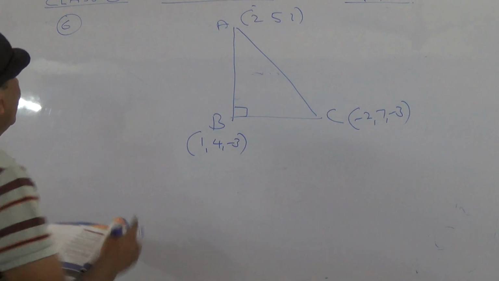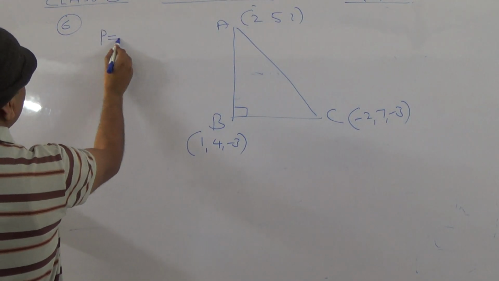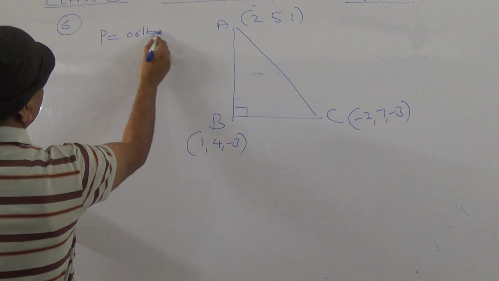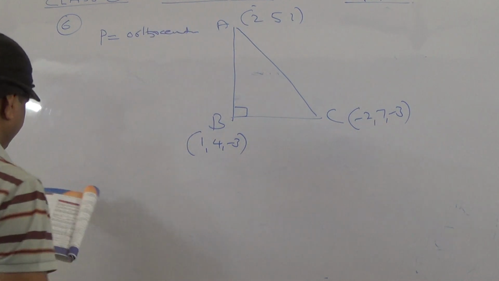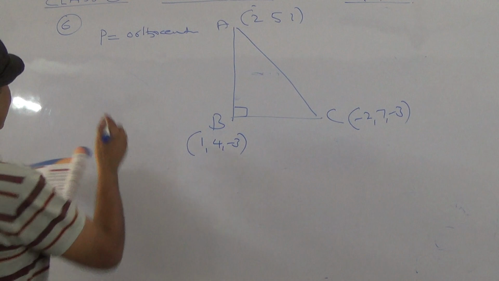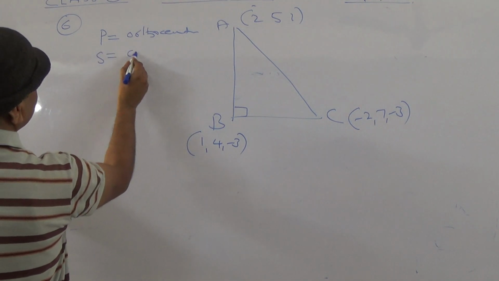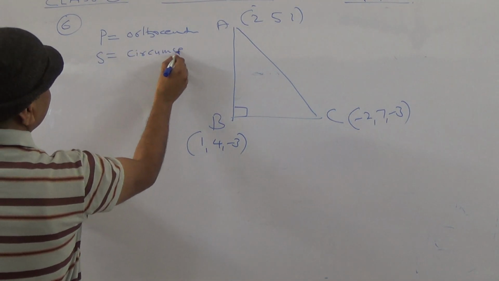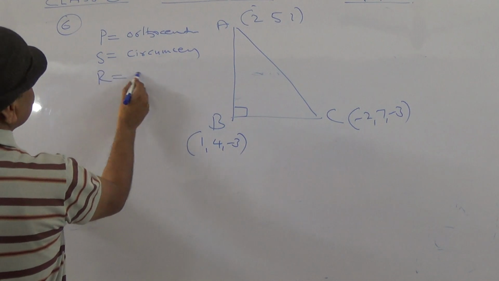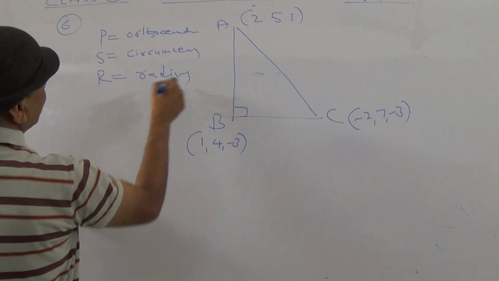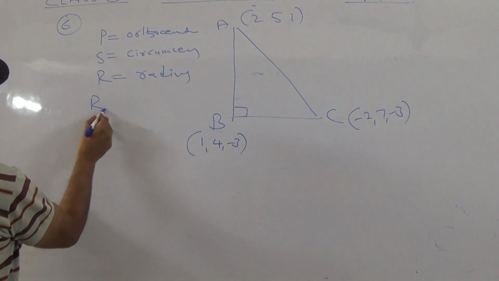Given P is the orthocenter of the triangle, S is the circumcenter, and R is the circumradius. Then what is R plus PY?